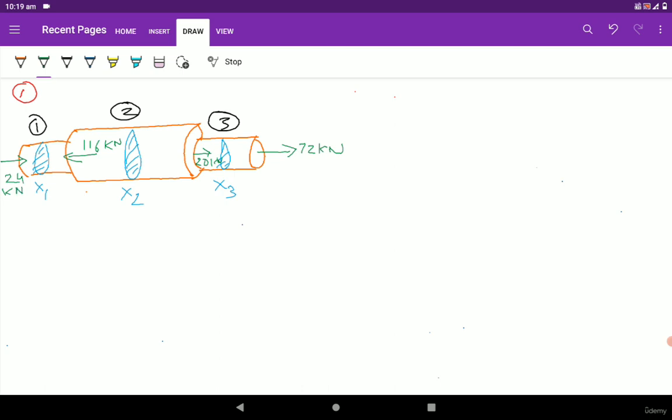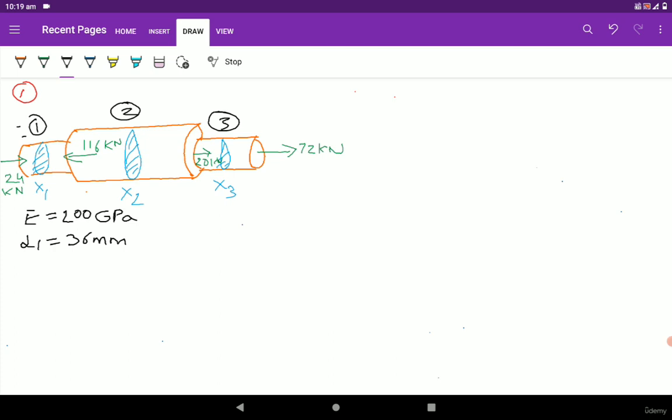Okay, so the Young's modulus for this part is equal to 200 GPa. The diameter of the first component, D1, is equal to 36 millimeter.